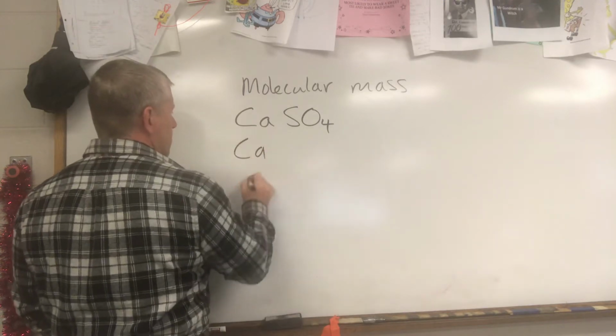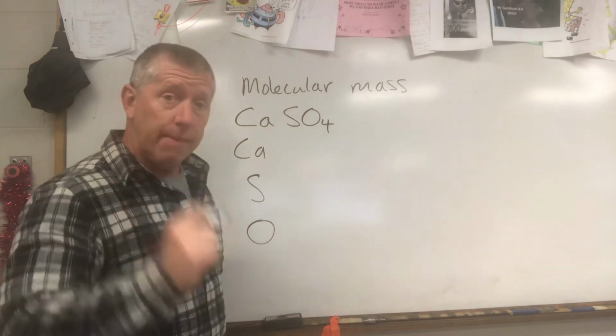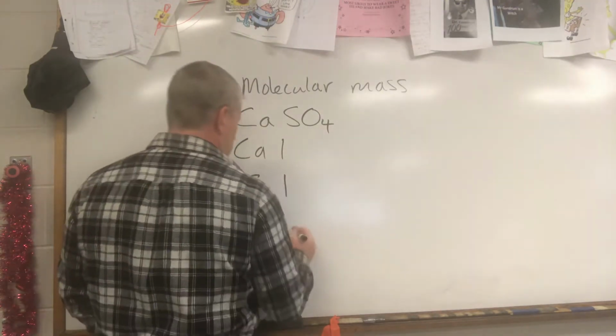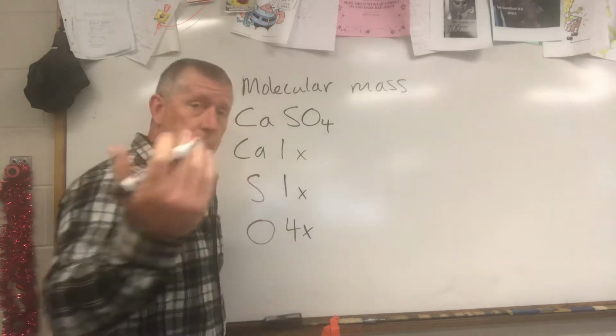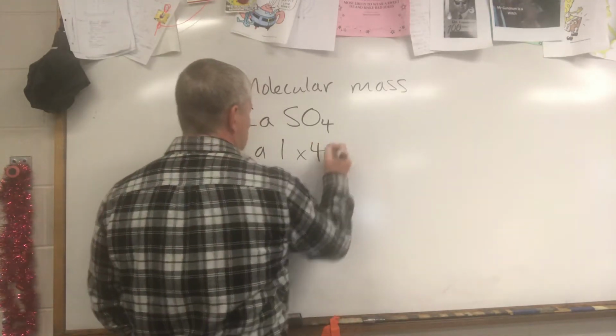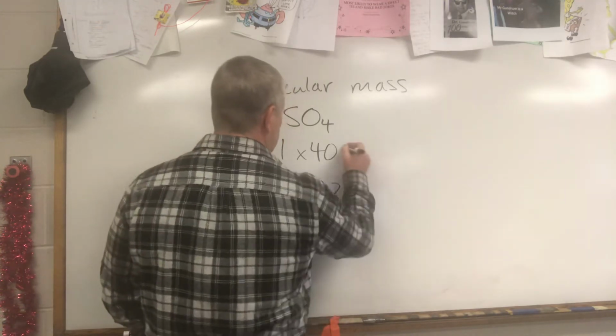Calcium, sulfur, oxygen. Write down how many you have. 1 calcium, 1 sulfur, 4 oxygens. Then go to your periodic table, look up the masses, round up to whole numbers. Calcium is 40. Sulfur is 32, oxygen is 16.